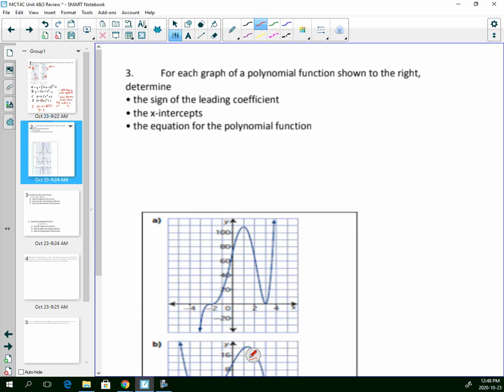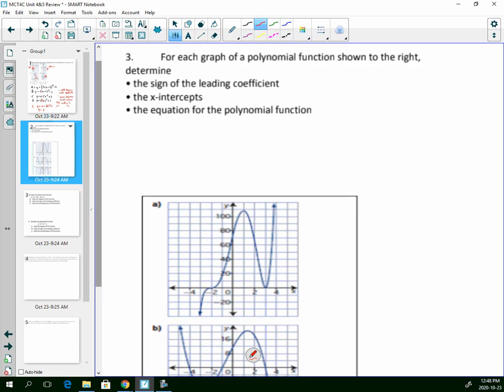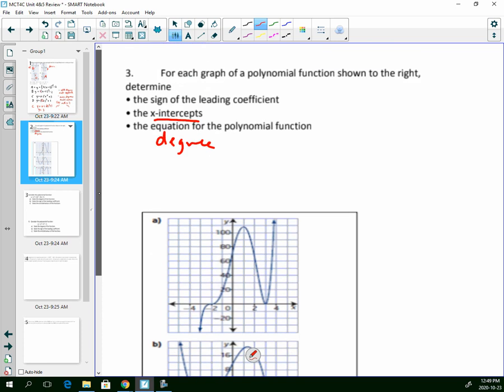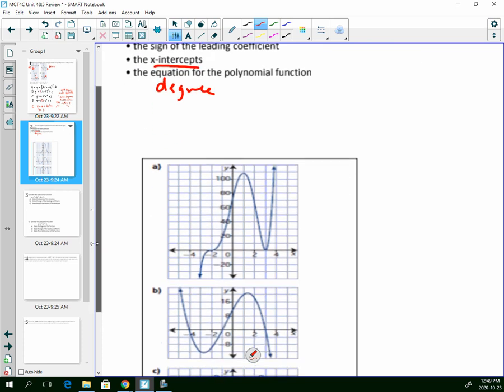This one is similar. For each graph, determine the sign of the leading coefficient, the x-intercepts, and we're not going to write the equation, but we could determine the degree. So let's just put the degree. Okay, so graph A, it wants me to find the sign while it's going uphill.